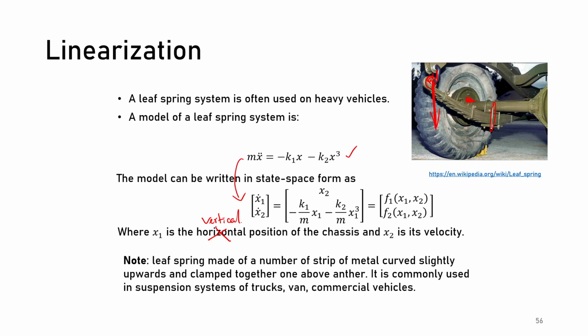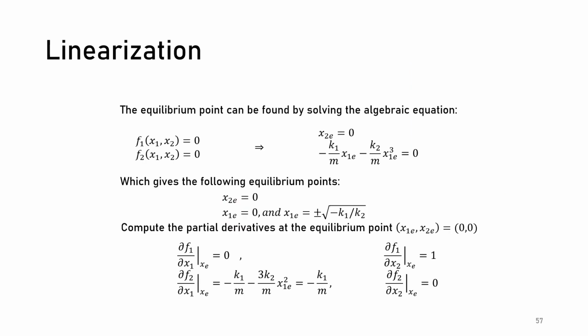So for the equilibrium, F1(H1, H2) equal to 0, then H2 equal to just 0. And then F2(H1, H2) equal to 0. Then H2 equilibrium is 0, and then we can find H1 equal to 0 and H1 can be equal to plus minus square root of this.